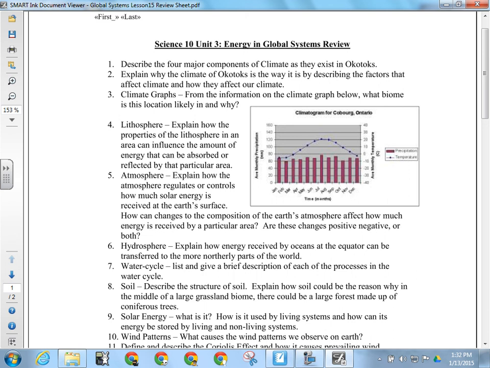You have 25 multiple choice. Multiple choice topics, like we said, include the biome identification questions. There's some stuff about atmosphere and hydrosphere and soil layers, so your A, B, and C horizons.